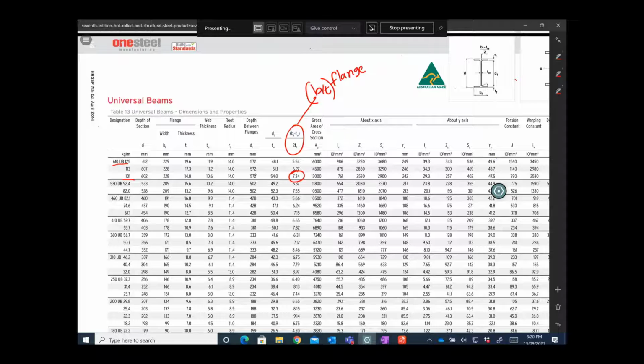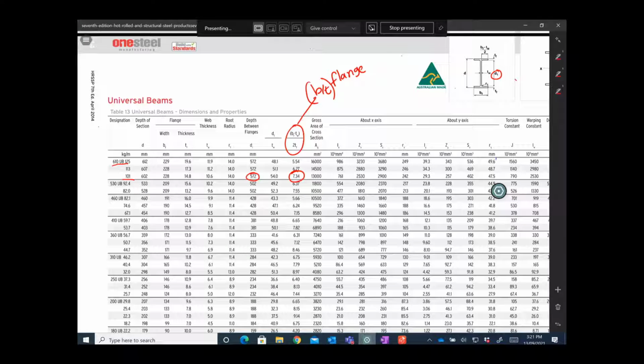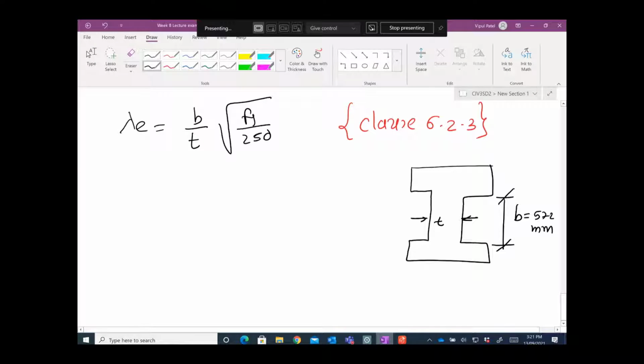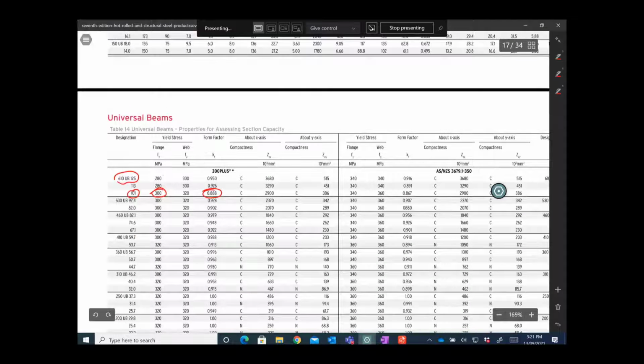That is your D1, which is 572. Basically this D1 is 572, so I can write this as 572 millimeters. And the thickness of the web is here, 10.6 millimeters. For the Fy value, if you like, you can use the flange one, 320, or you can use 300, the grade given in the example.